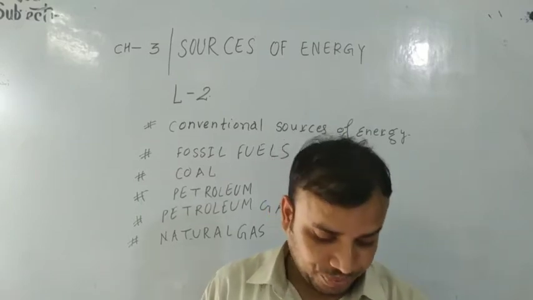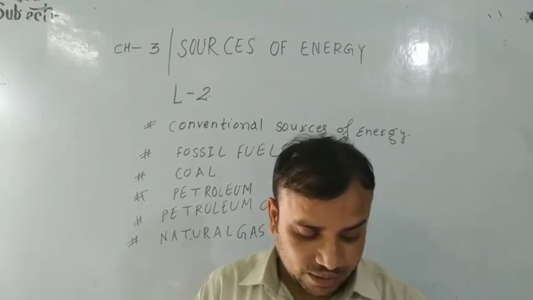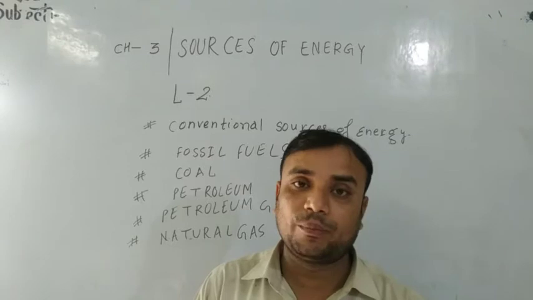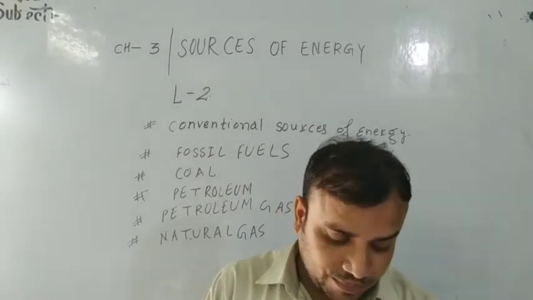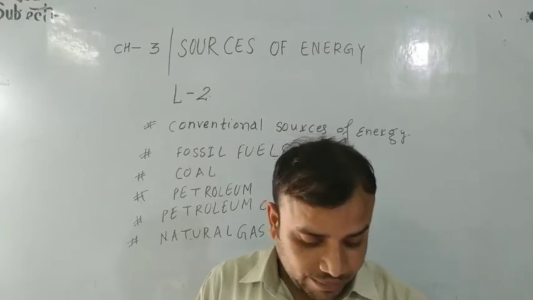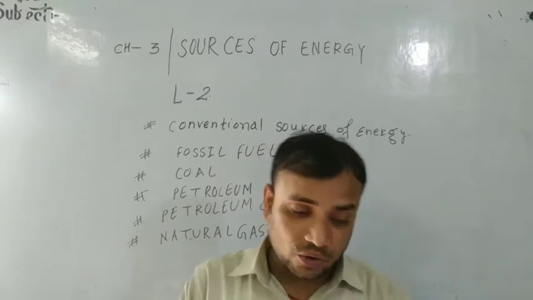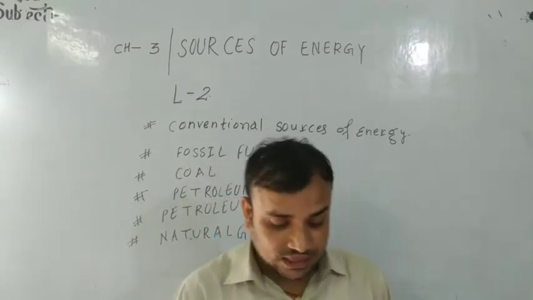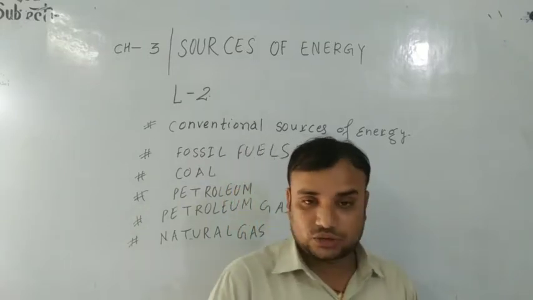Anaerobic bacteria, converted the buried remains of plants and animals into fossil fuels like coal, petroleum and natural gas. Dear student, it should be noted that the buried remains of large plants were converted into coal, whereas the small plants and animals were converted into petroleum and natural gas.